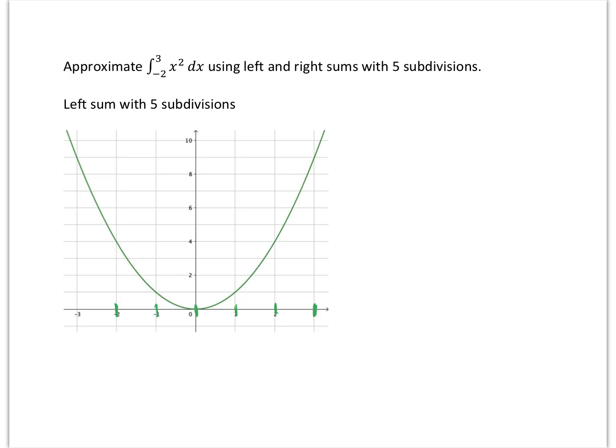And then I'm going to build rectangles over each of these intervals using a left-hand sum. So that means on the left endpoint of the rectangle, I'm going to go up to the curve and build a rectangle at that height. So left endpoint at -2, I go up to the curve, I build a rectangle at that height. I do that for each interval.